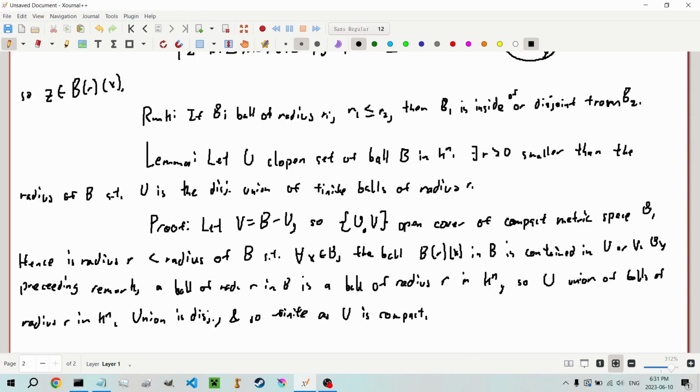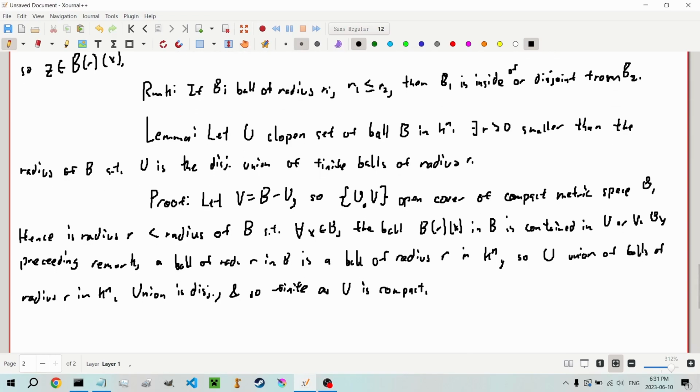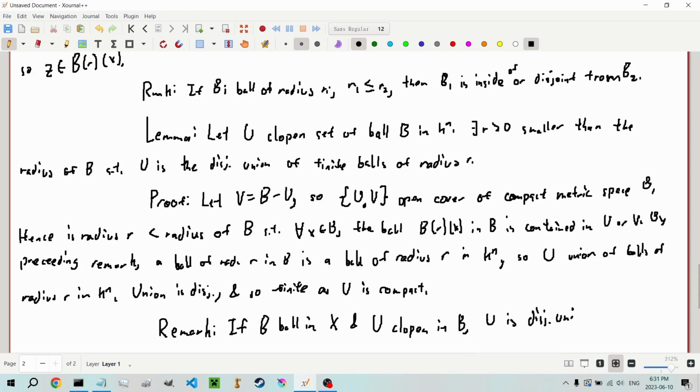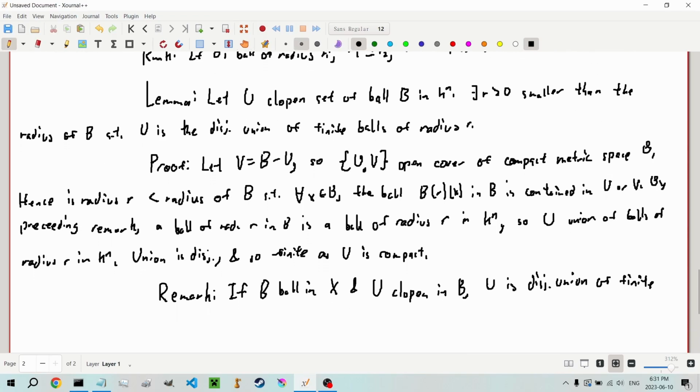And we see from this, if B is a ball in X, and U being both closed and open in B, U is the disjoint union of finite balls in X. Isn't that just restating the lemma, essentially?